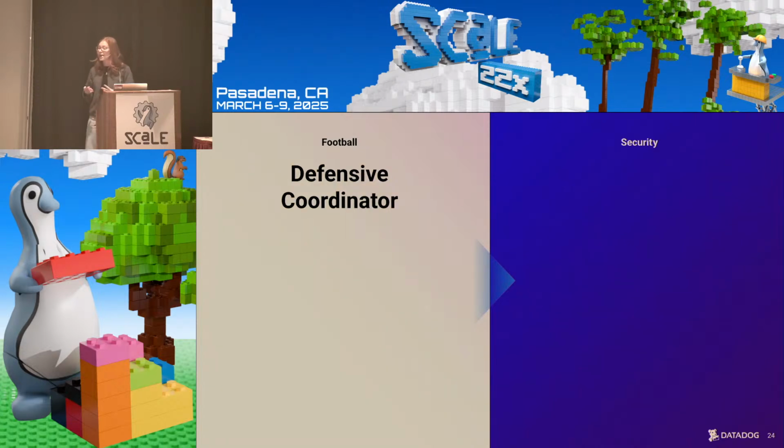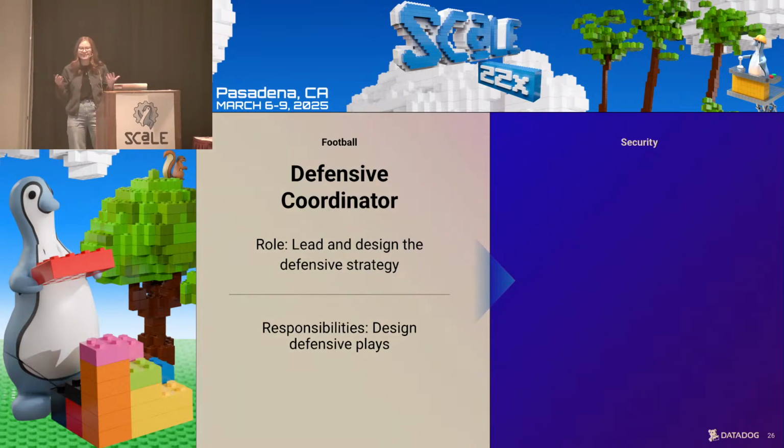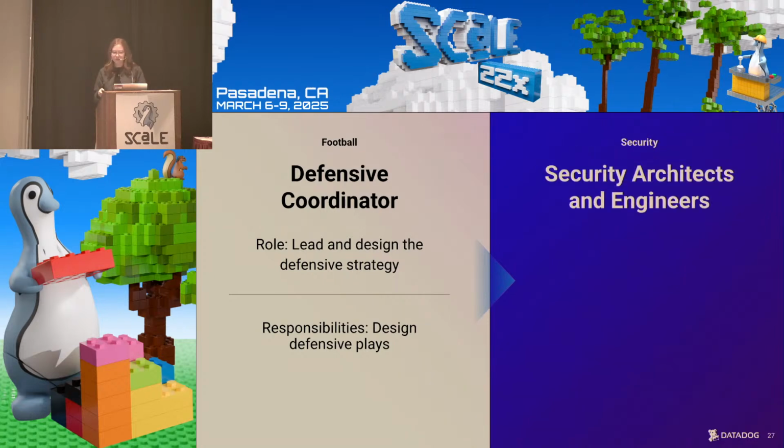So in football, we have a defensive coordinator. And if y'all want to try to guess what the defensive coordinator does, they lead and design the defensive strategy. Now, if y'all want to make it even more simple, they coordinate the defense. But essentially, they design the defensive plays. They are the defensive masterminds.